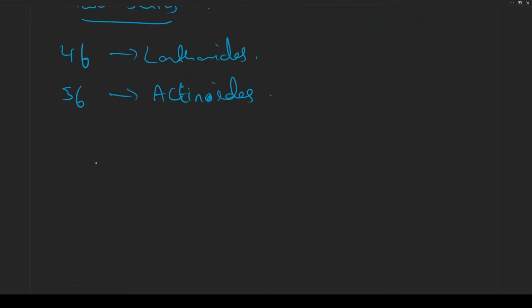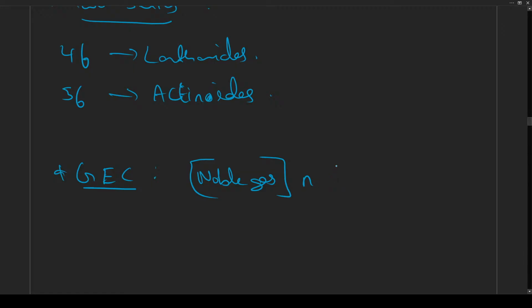Their general electronic configuration is noble gas (n minus 2) f1 to 14, (n minus 1) d 0 to 1, ns2. This is the general configuration.